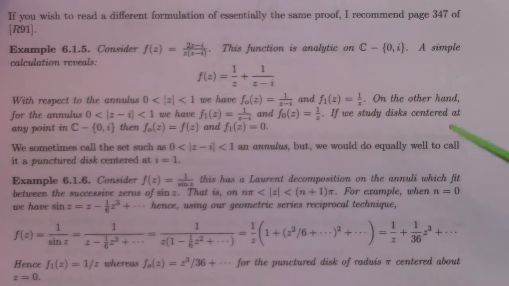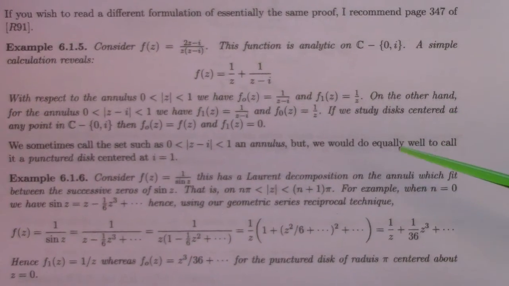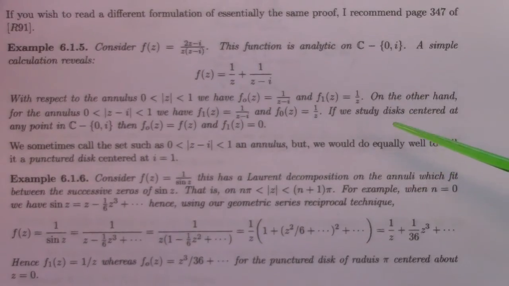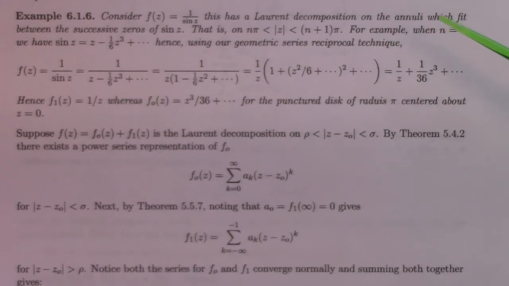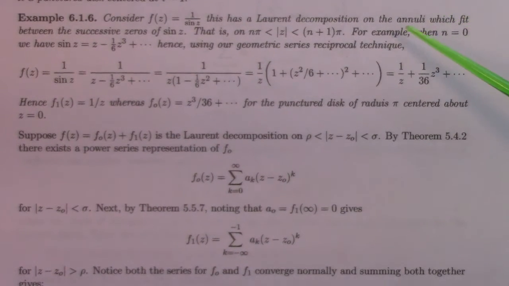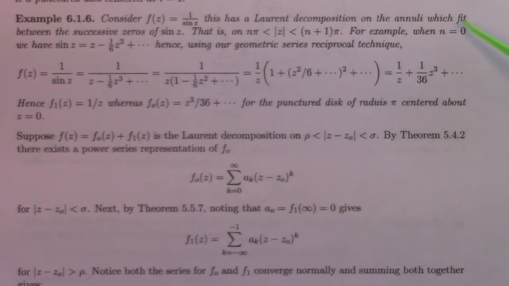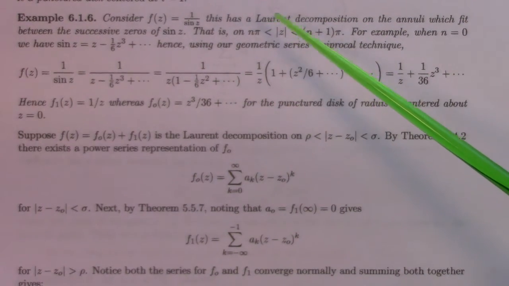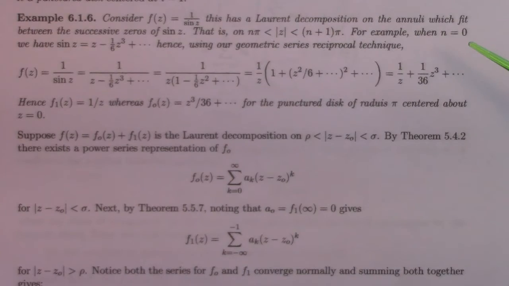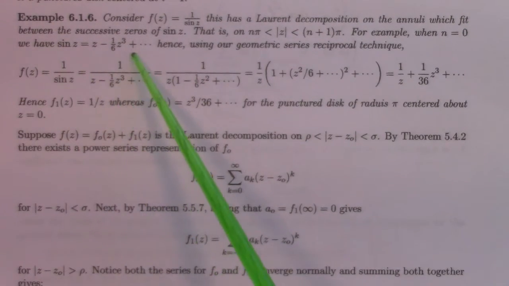All right, see here. Where was I? So another example, sine z. Basically, with the Laurent decomposition, you can look at annuli which fit between the successive zeros of sine z, in other words, between n pi and n plus 1 pi. For example, if you look at n equal to 0, we have sine of z is this, right?